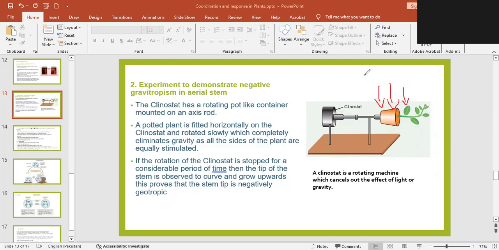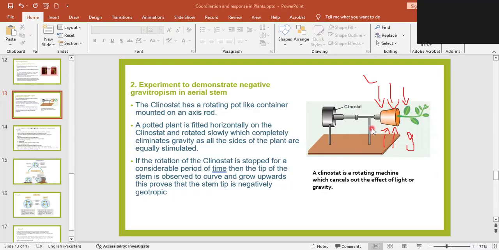From the upper part there is light, and from downward there is a force of gravity. So if it keeps on rotating, it means that all parts of the shoot are receiving the same amount of light, and all parts of the roots are receiving the same amount of gravity, because it keeps on rotating.